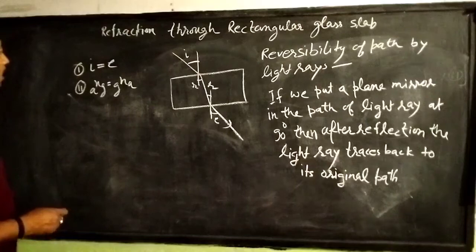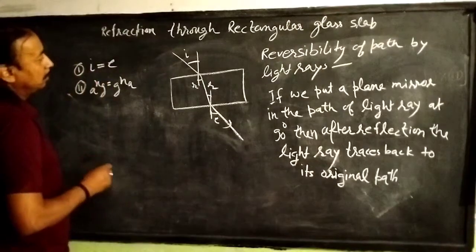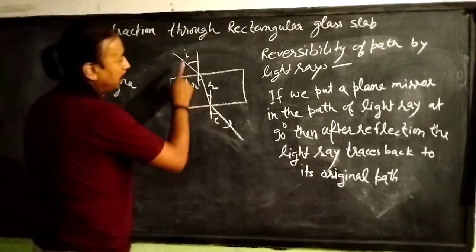So we have seen here that I equal to E means these both angles are the same.